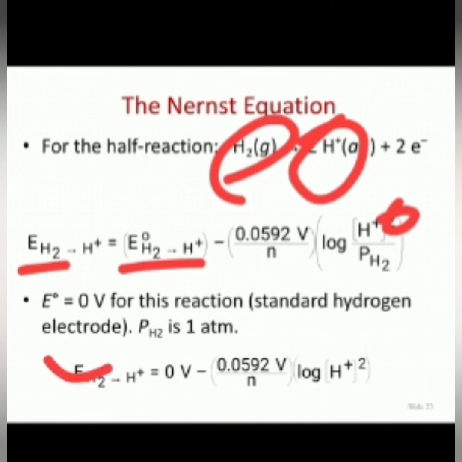Putting the values in this reaction, we get 0 volt minus 0.0592 volt upon n log concentration of H plus to the power 2.